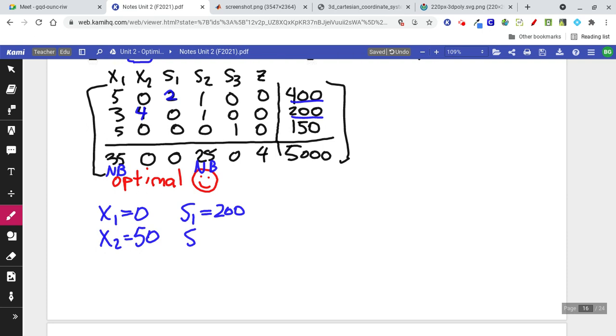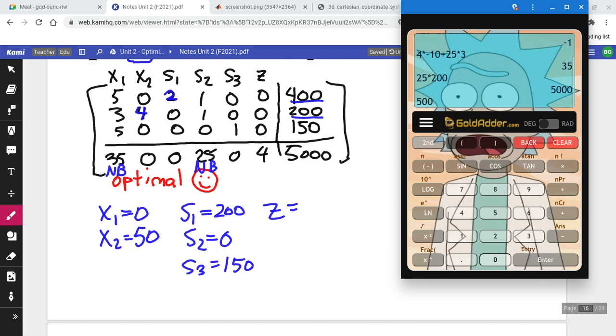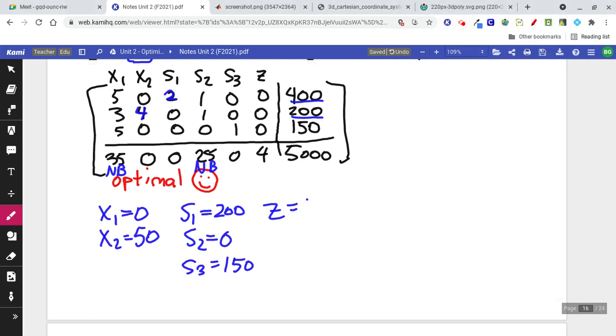S2 is basic. No, sorry. S2 is non-basic, so that's 0. S3, 150 divided by 1. And Z is 5,000 divided by 4. 1250.